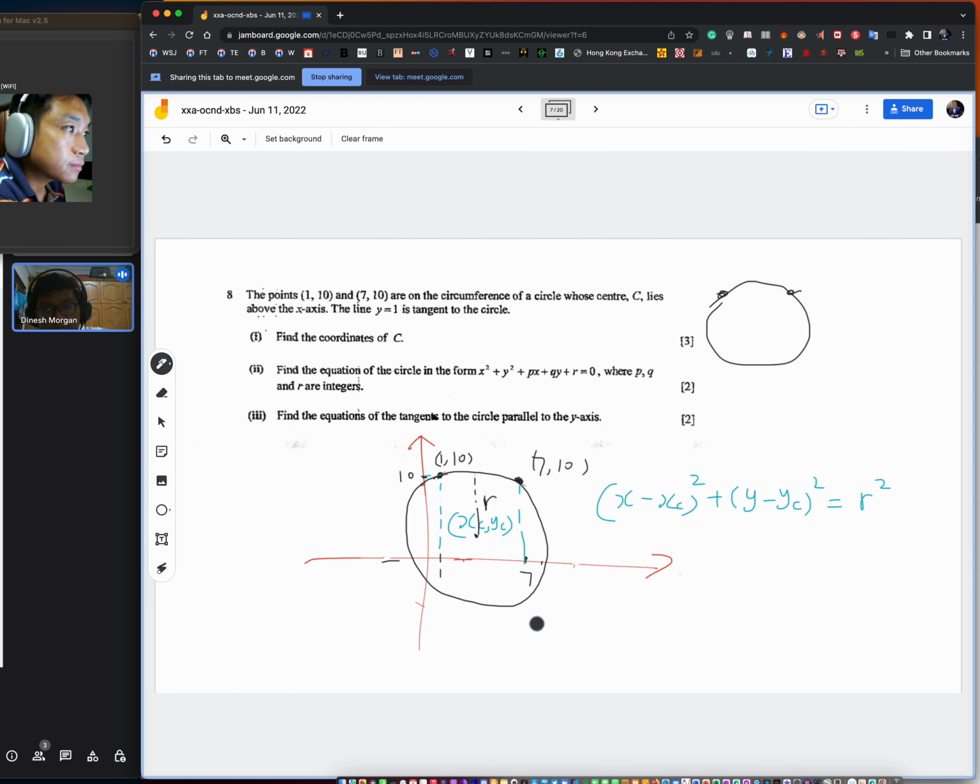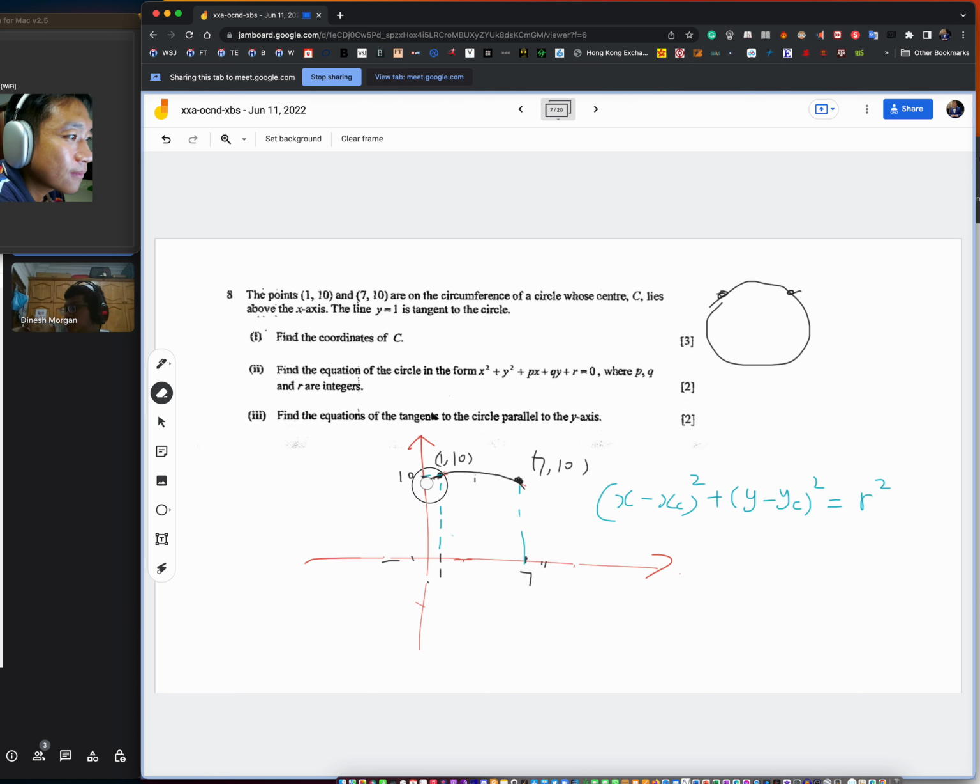Then now, it's tangent to the circle. So in a way, I have to get it into the above the x-axis. Okay, so yes, I still have to redraw it.